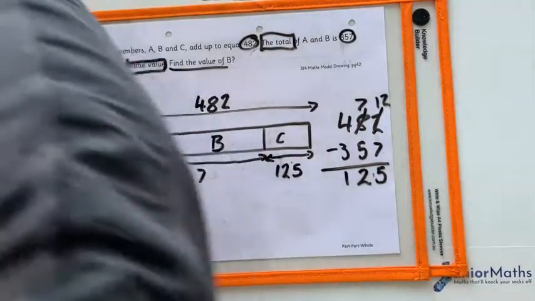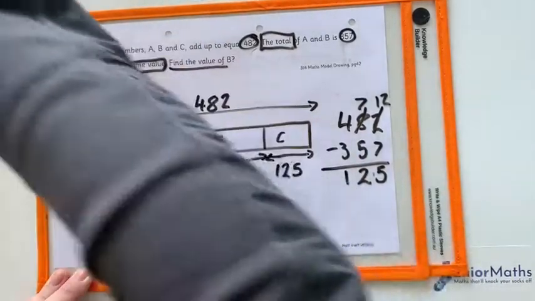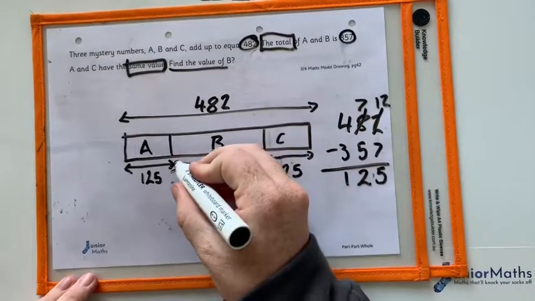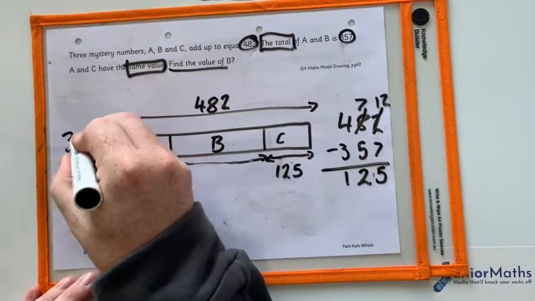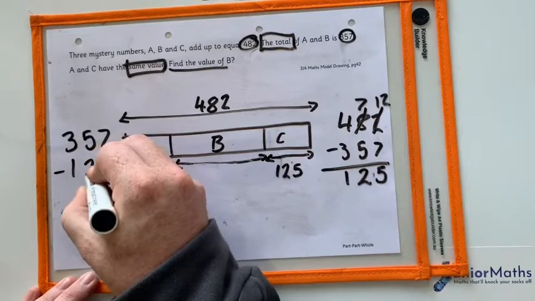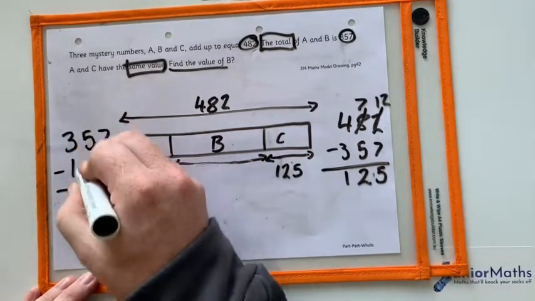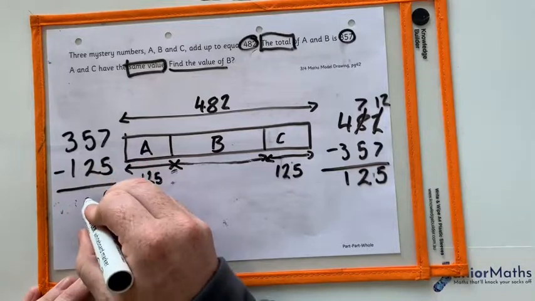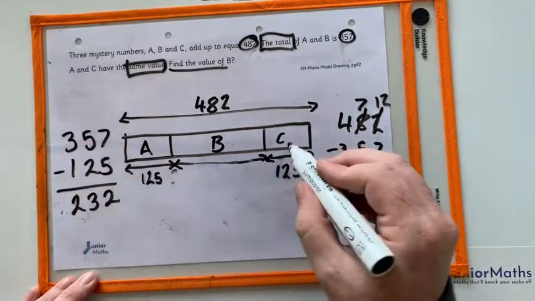And B has to be worth 357 take away 125. 7 take away 5 is 2. 5 tens take away 2 tens is 3 tens. 300s take away 100 is 200.